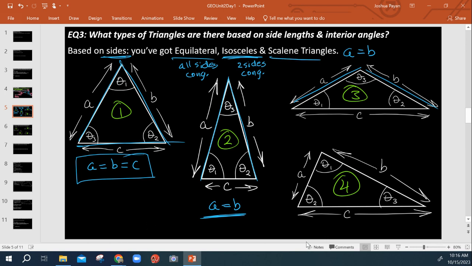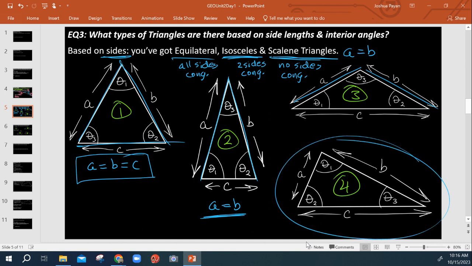Okay, last but not least, scaling triangles. Scaling triangles are like the ugly cousin of the other two kinds of triangles based on side length. Scaling simply means that no sides are congruent. All three sides are different lengths.